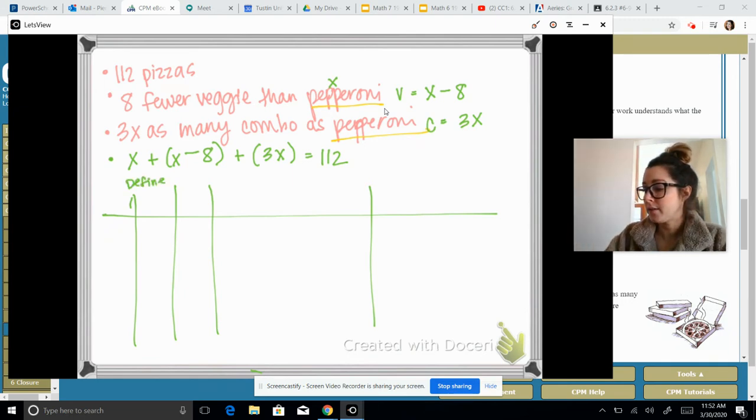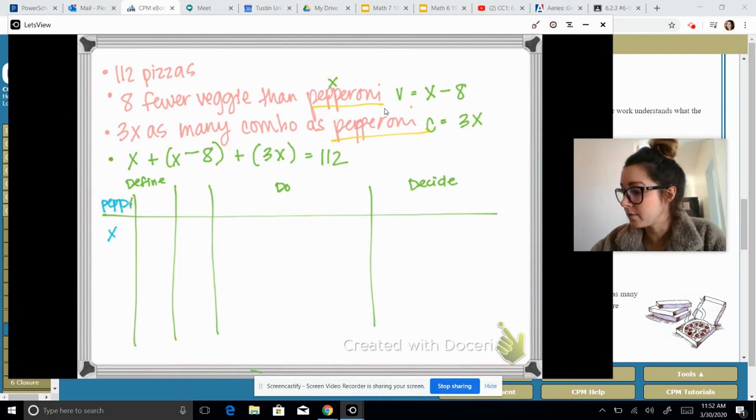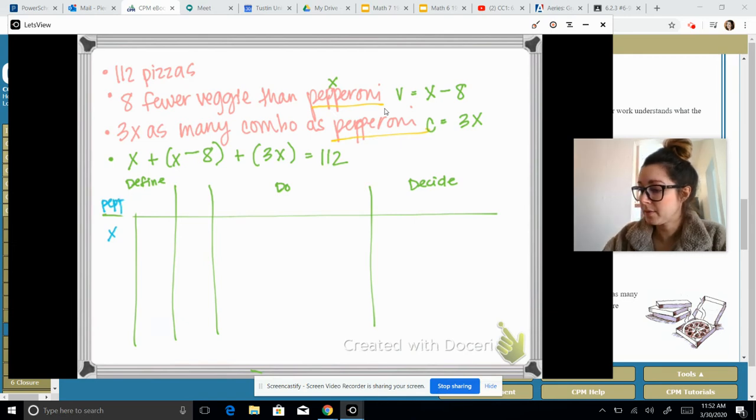So define, do, decide. And so what you're going to do here, if this is our pepperoni, this is X. I don't know what that little line is. Let me get rid of that. Go away. So pepperoni pizzas, that's X.